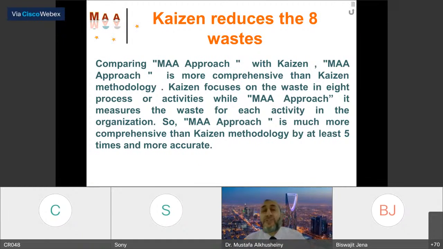Because most organizations have at least between 30 to 40 activities. Kaizen focusing on 8 activities would be one fifth of the 40 activities. So my approach is more comprehensive by at least 5 times and more accurate.